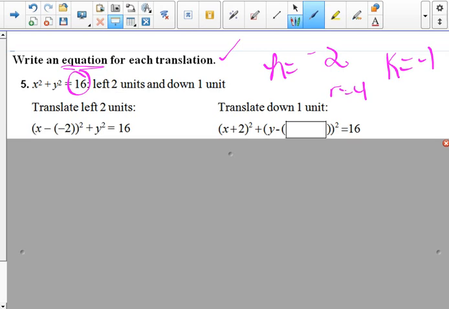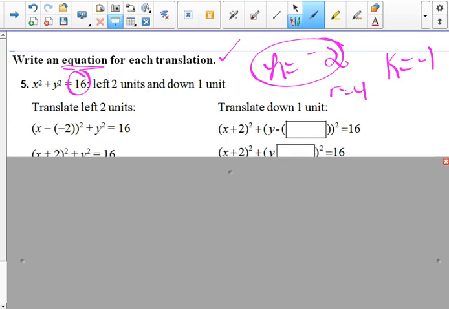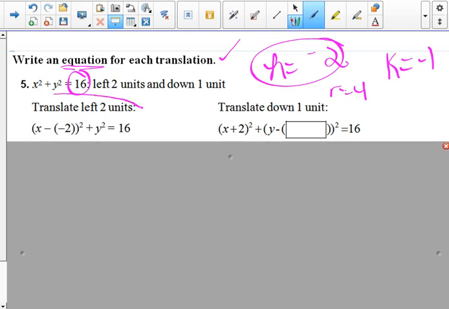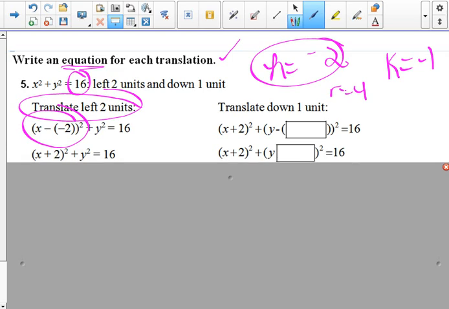So x minus -2 plus y. Oh, they're doing them one side at a time. So let's just look at the translate left 2 units. So we're going to just focus on the h. So there it is, equals 16. And that comes out to x plus 2 squared plus y squared equals 16. Now, over here, we're going to focus on the y.